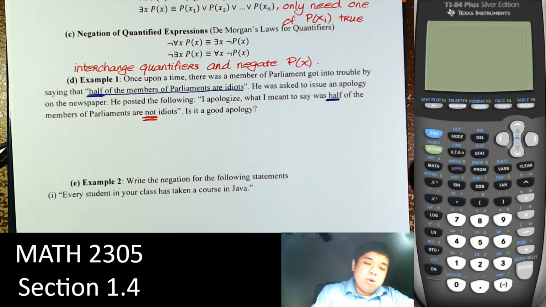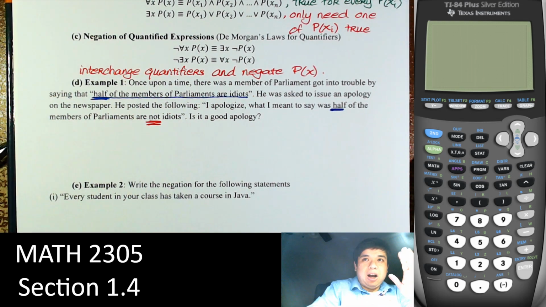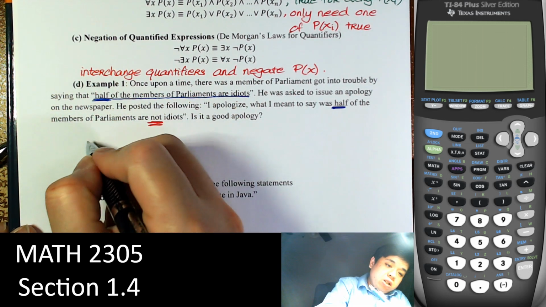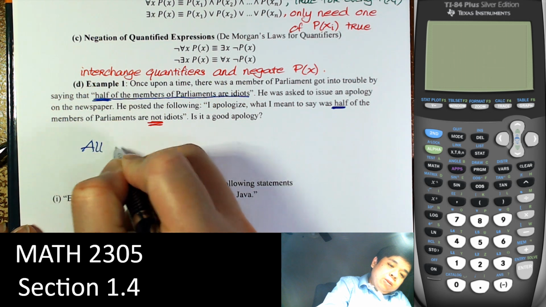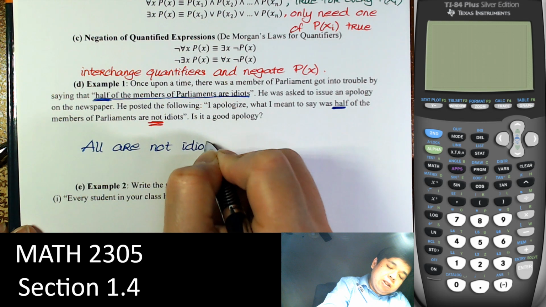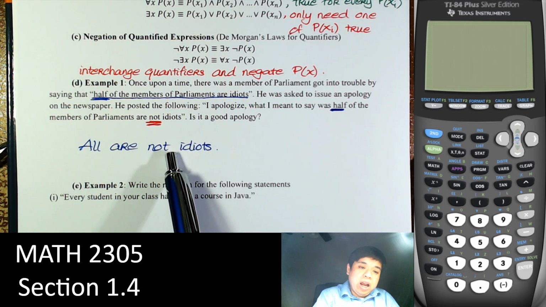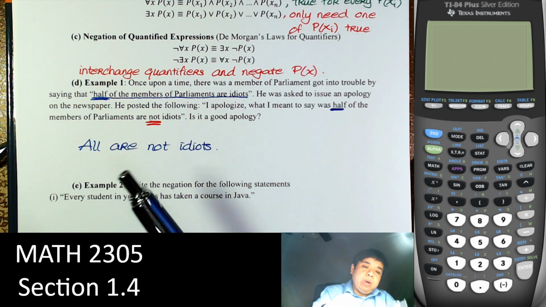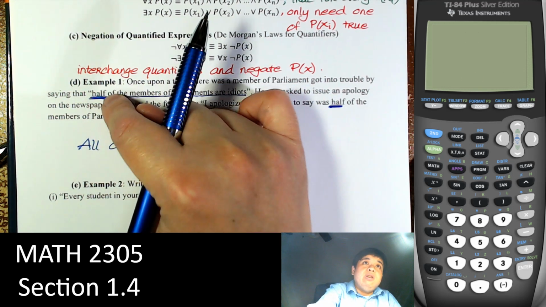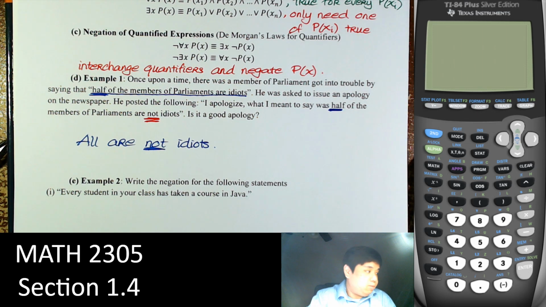If he wants to say the opposite of what he said earlier, he should say that what he meant to say was all are not idiots. That is the true negation of that statement. We throw in the not to negate the predicate, and we interchange from existential to universal.